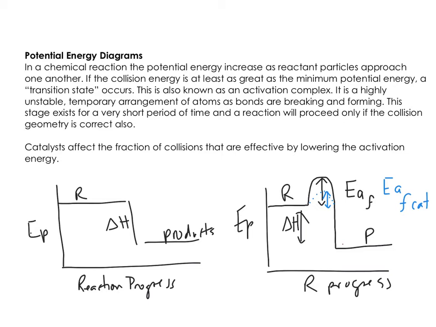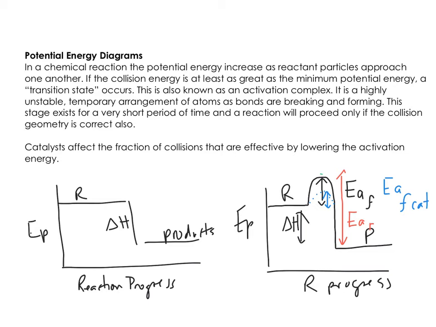In that case, from your products to the top of the peak will be the activation energy for the reverse reaction. So a lot more energy has to go into our system in this case, to reverse the reaction to go from products to reactants.